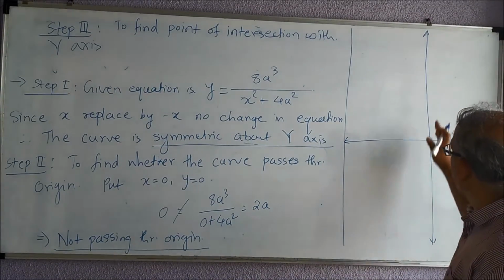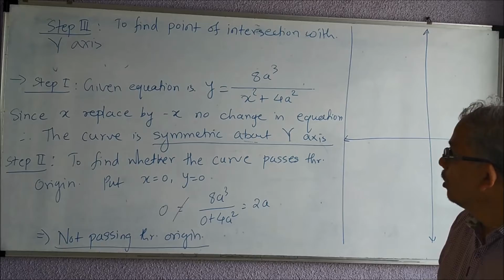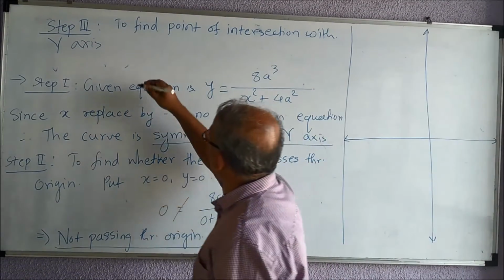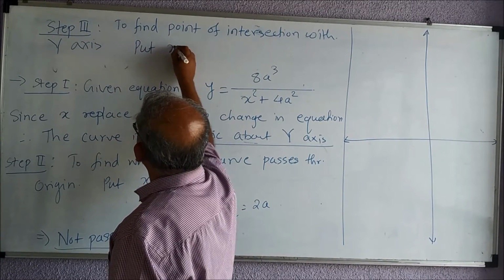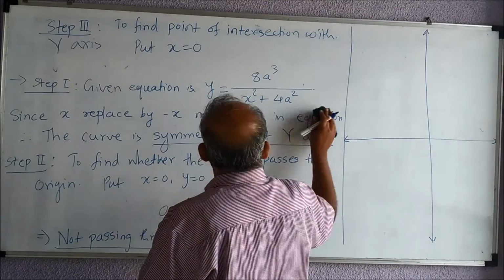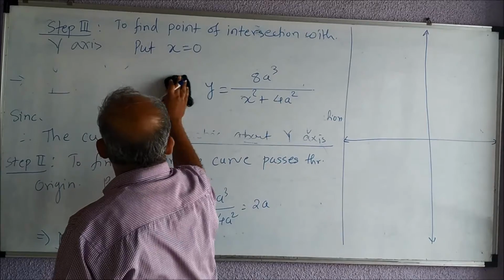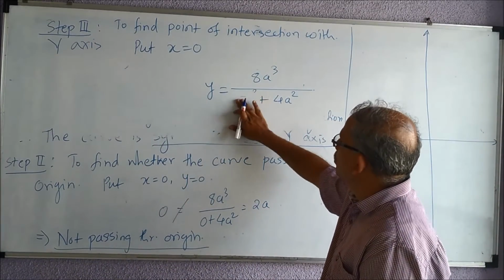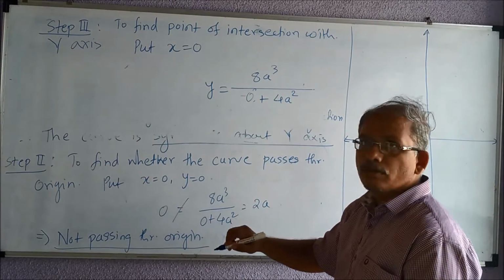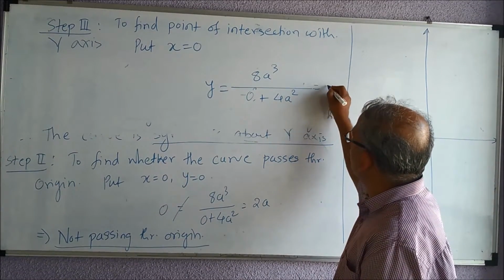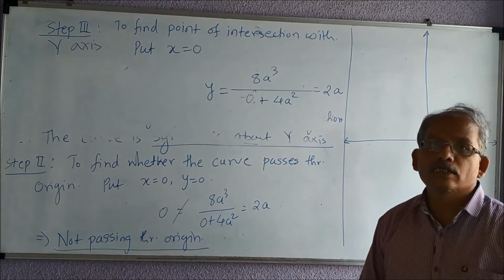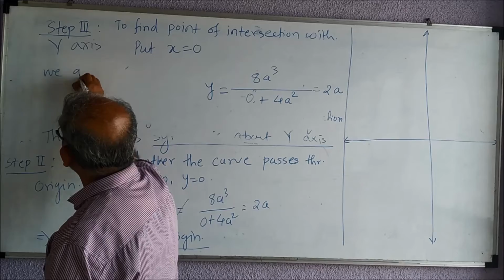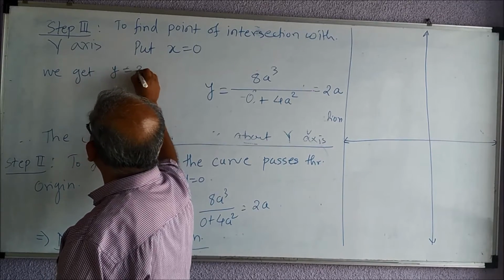What is the equation of the y-axis? It is x equal to 0. So substitute that in this equation and solve. So put x equal to 0. If I put x equal to 0 over here, what you will get? This becomes 0, so y is equal to 2a.